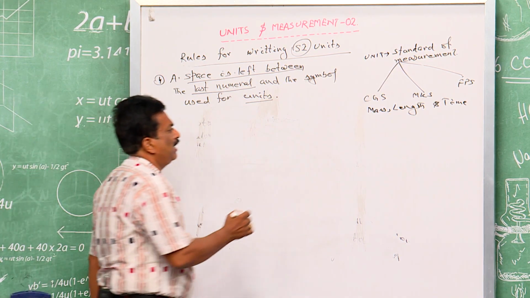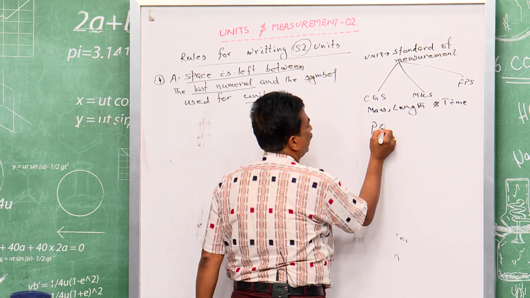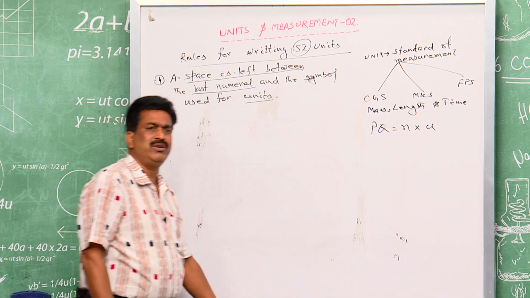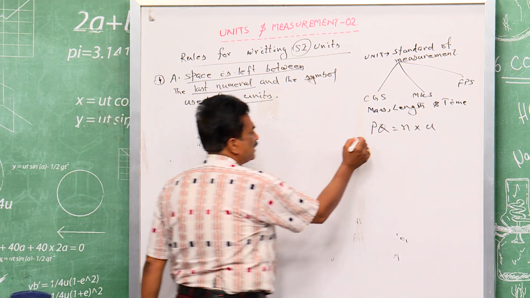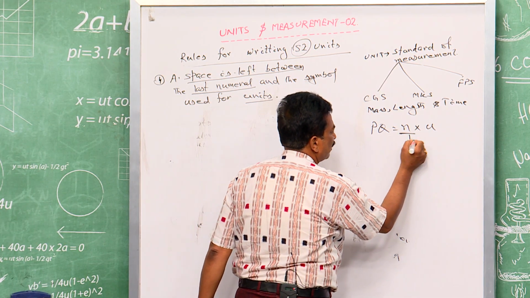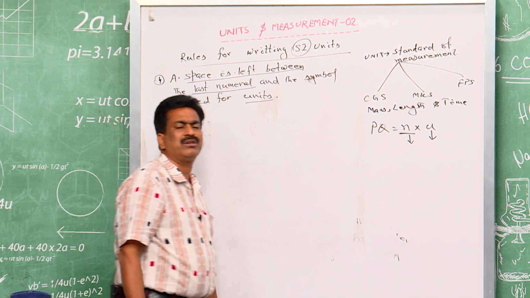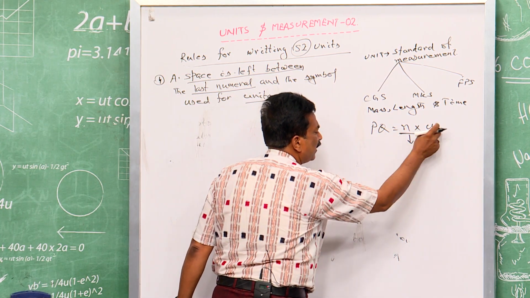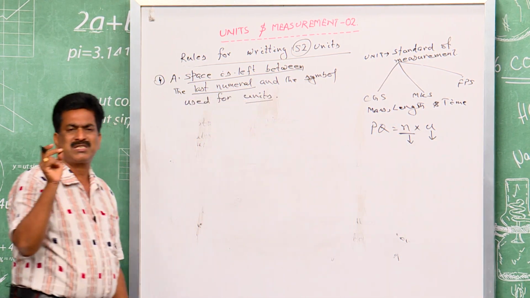As I said earlier, a physical quantity PQ is written as n cross u. So, this n is the number, this u is the unit. So, between this number and the unit there must be a space.